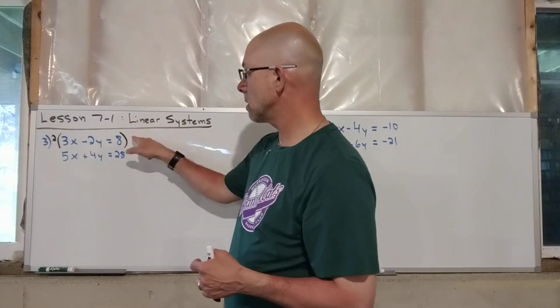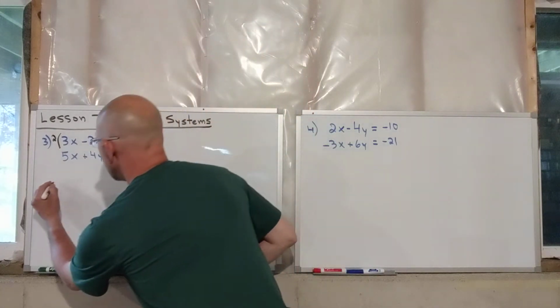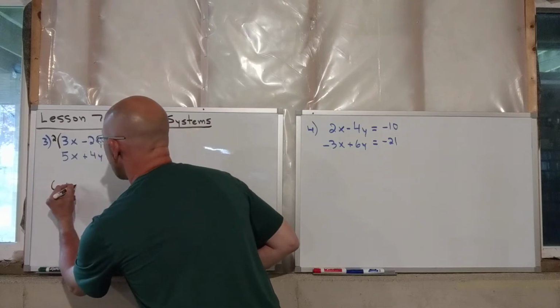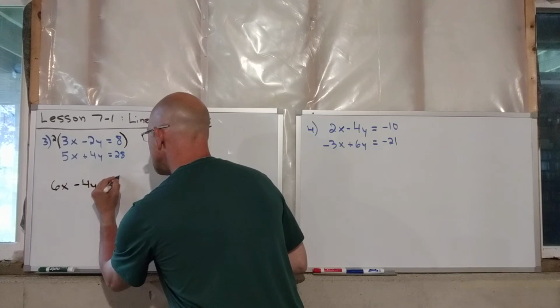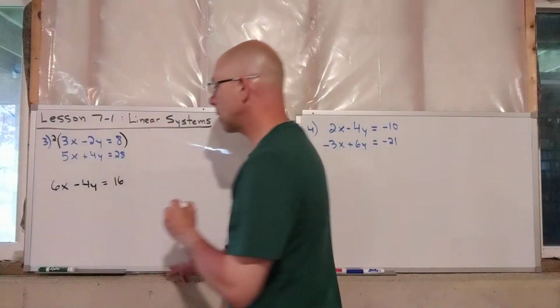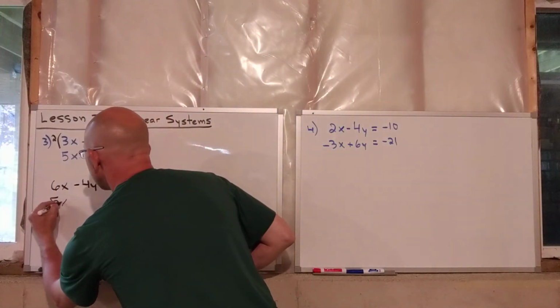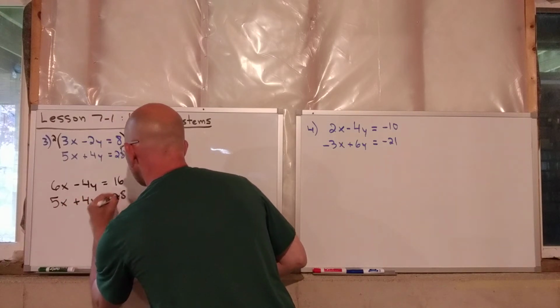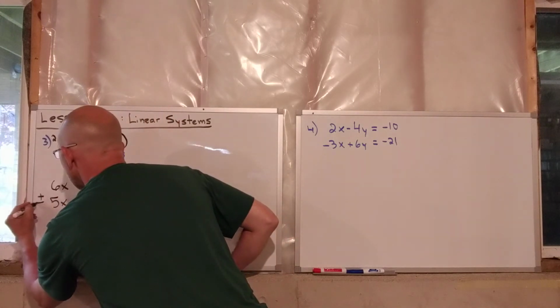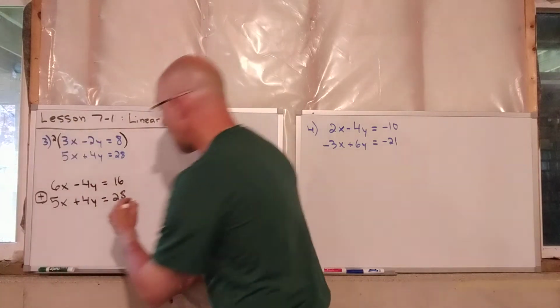When that happens, the top equation becomes 6x minus 4y equals 16. The bottom equation I'm not changing. And I'm going to add those two.